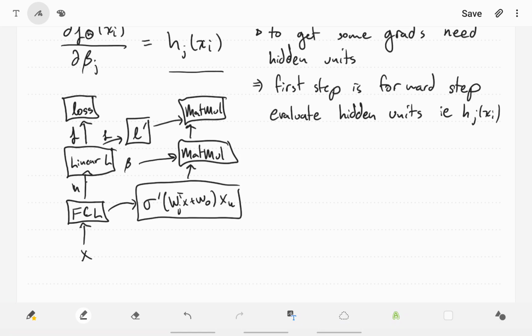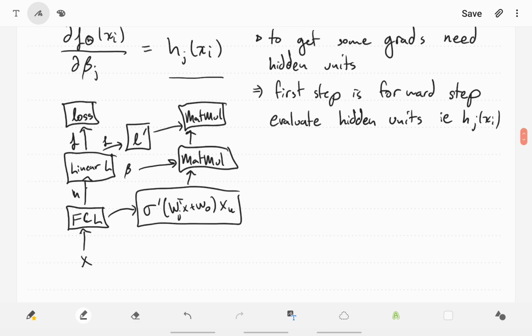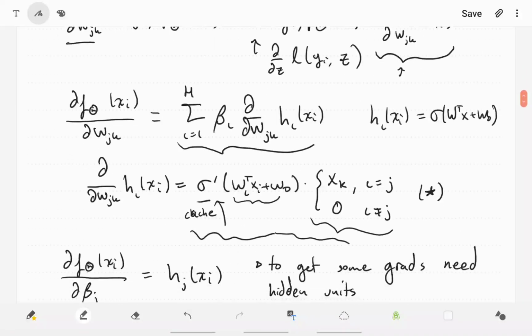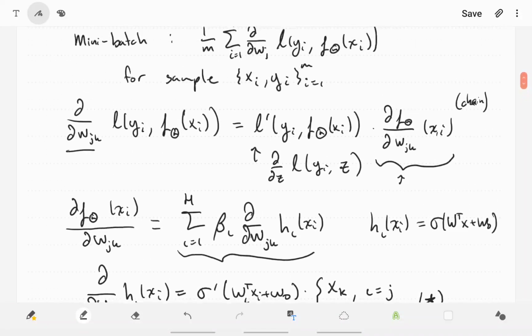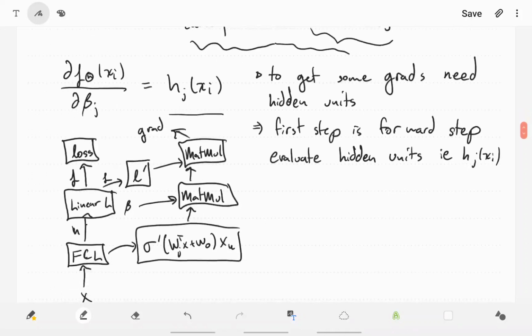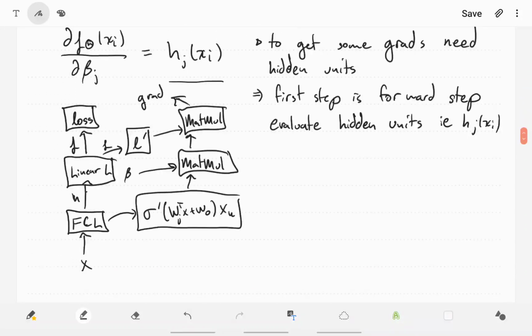So this is the computation graph for computing this gradient, and the output of this. So we did this matrix multiplication with L prime, and now we're done. This is the gradient that comes out of this.